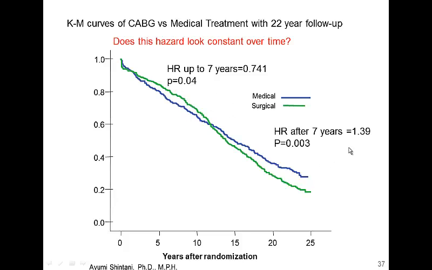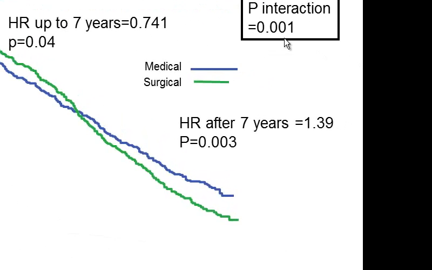After 7 years, the hazard ratio is 1.39, indicating CABG increased risk of dying by 39%, and that was statistically significant. And the p-value for the interaction assesses whether 0.741 and 1.39 are statistically different, and that is 0.001. This is the p-value on the cross-product term from our analysis.